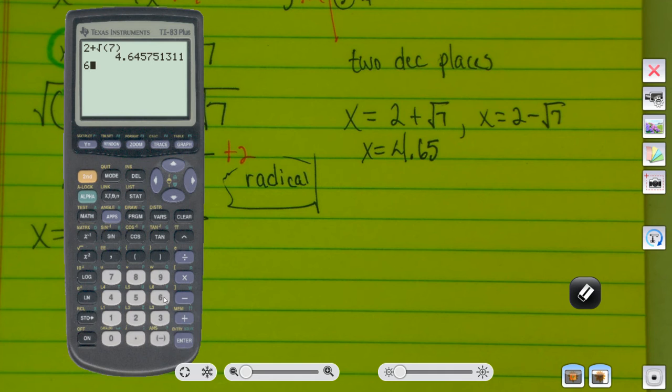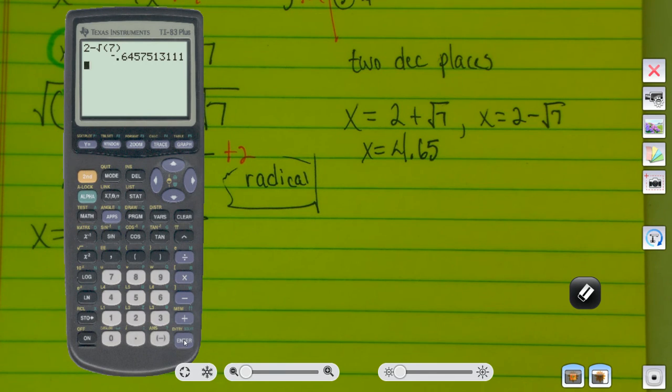Got to do the same thing now and subtract radical 7. Calculator will only give you the right answer if you put in the right numbers. I think I missed there.